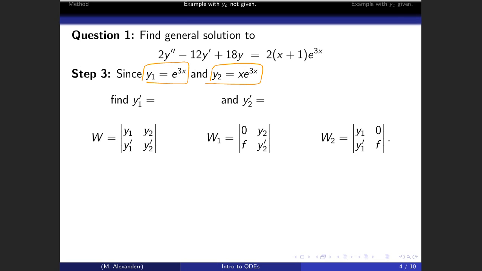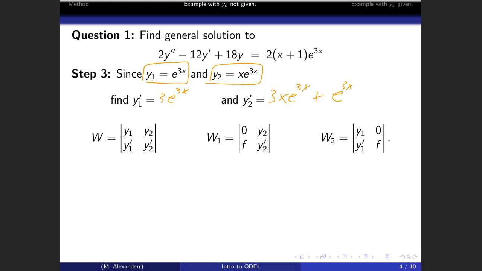So derivative of e to the 3x is 3e to the 3x. The derivative of the other one, the y2, we have to use the product rule. So it's going to be x e to the 3x multiplied by 3 plus e to the 3x, right? So we have to use the product rule for the derivative of the y2.